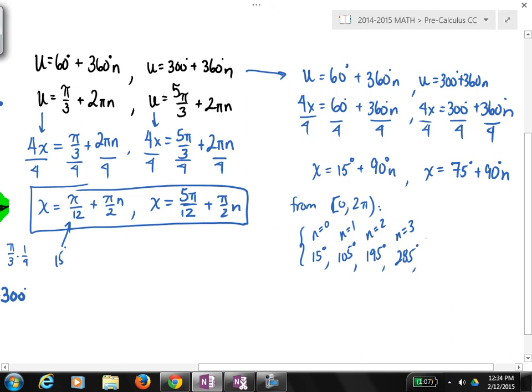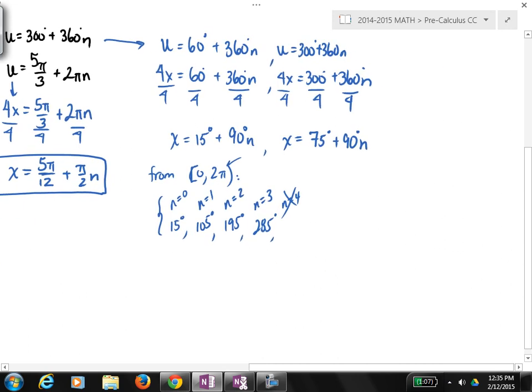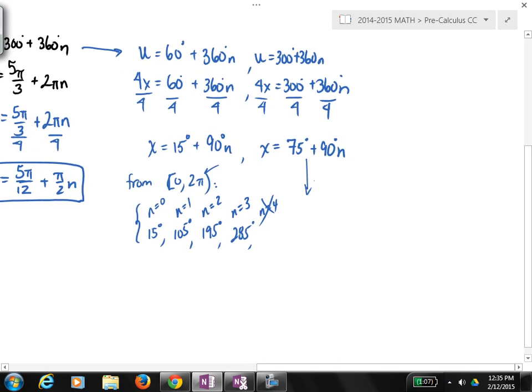What happens if I let n equal 4? What's 90 times 4? 360. And if I add 15, I go beyond that 2 pi. So I would have to stop at n equals 3 and then just continue with this other list over here.